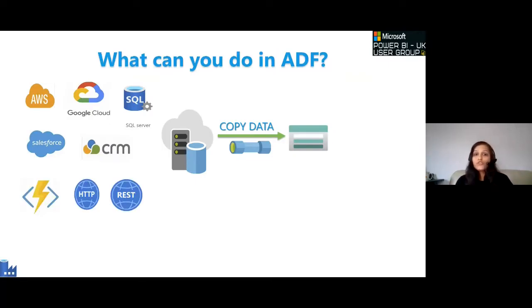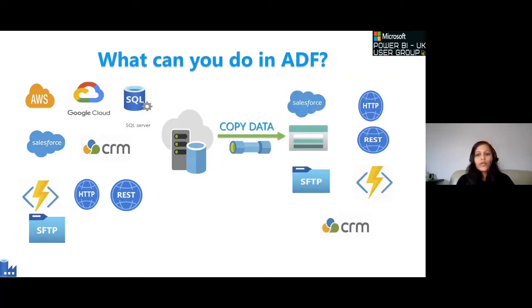You can use Azure Function, an HTTP web call or REST API, or you can use SFTP. So these are sample data sources you can use as a source, and then you can move them using the copy activity from different data sources or the same data source, whichever way you prefer. This way you can copy your data from one data source to another very quickly, by just setting a few properties.